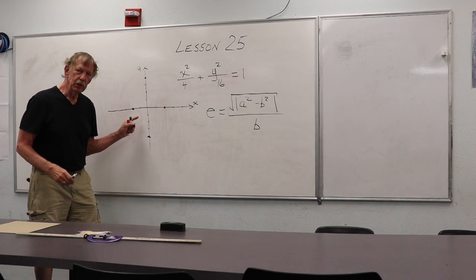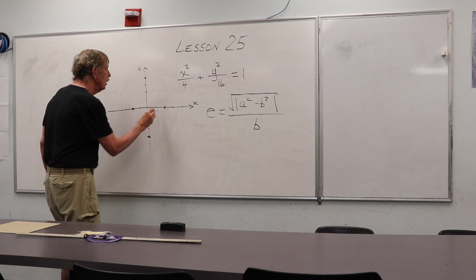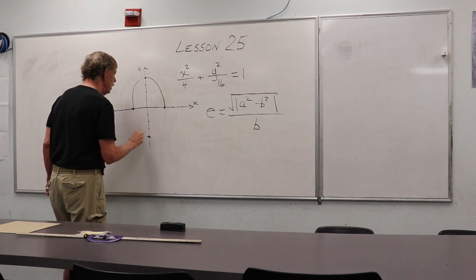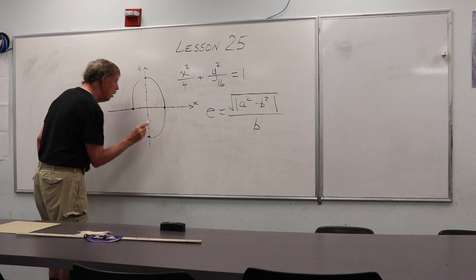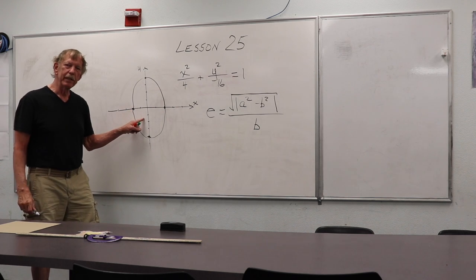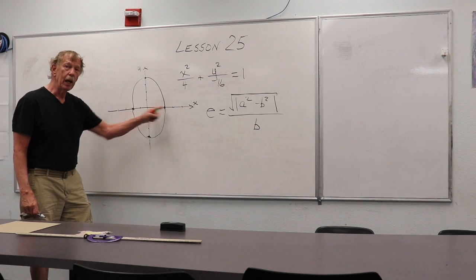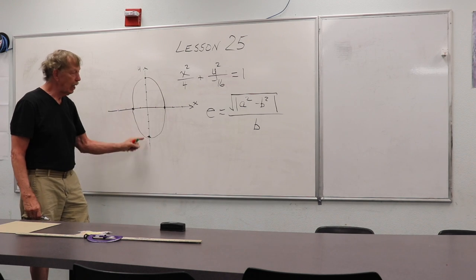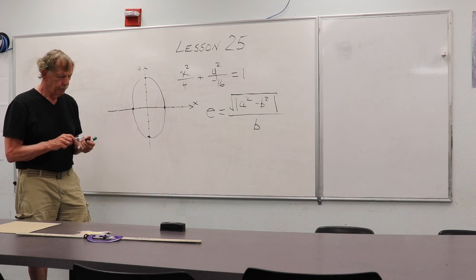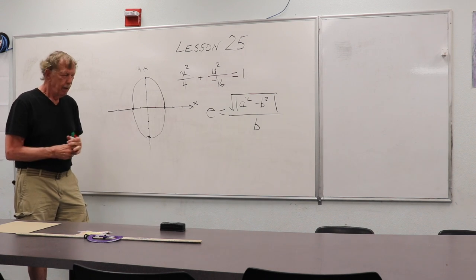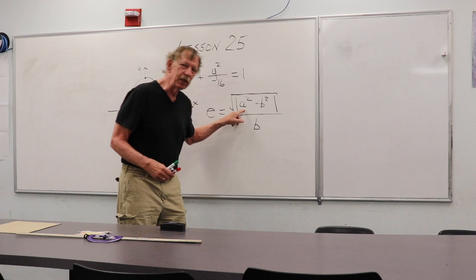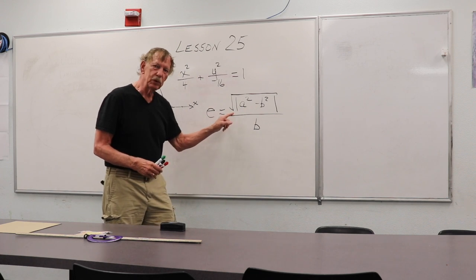Now we can sketch our ellipse. And look at that beautiful egg. There's our ellipse. Ends on the x-axis, ends on the y-axis. Boom, done. No change. But when we look at ellipticity, we have to remember this absolute value.